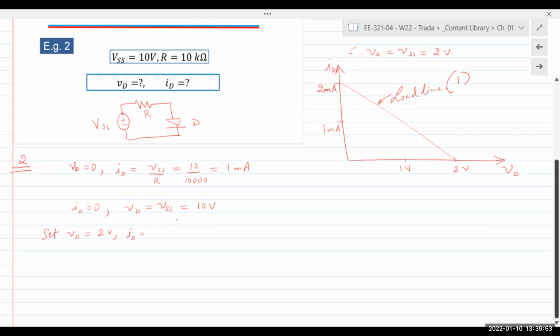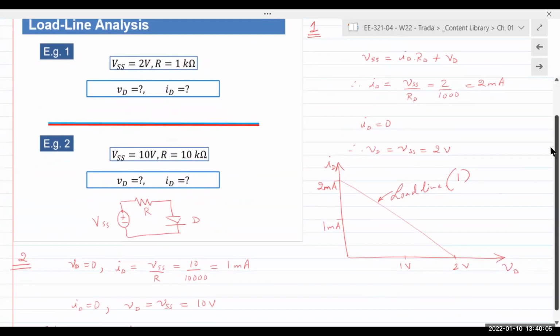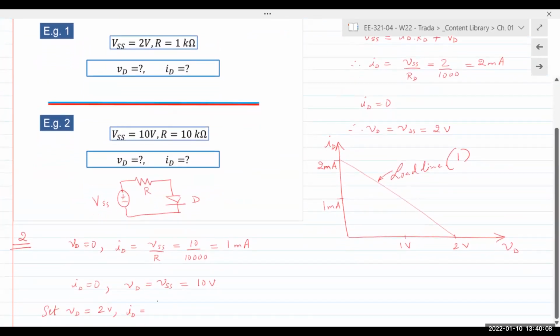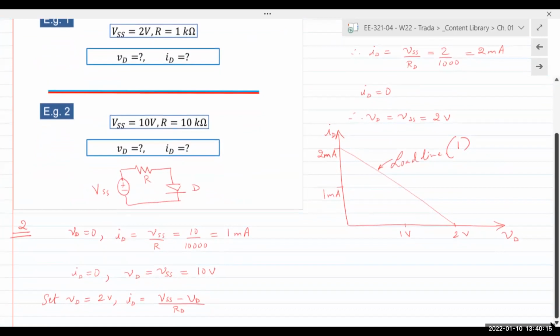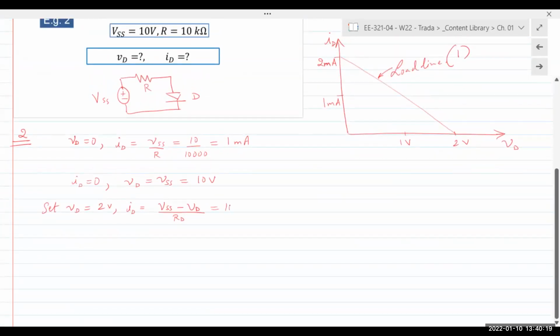And that would come out to be, let's see, the equation, VSS minus VD over R, and 8 milliamps.